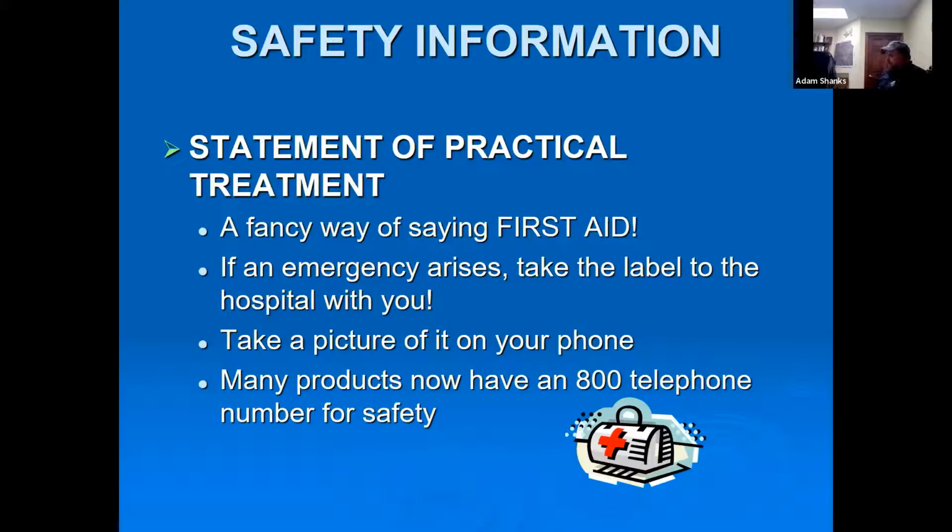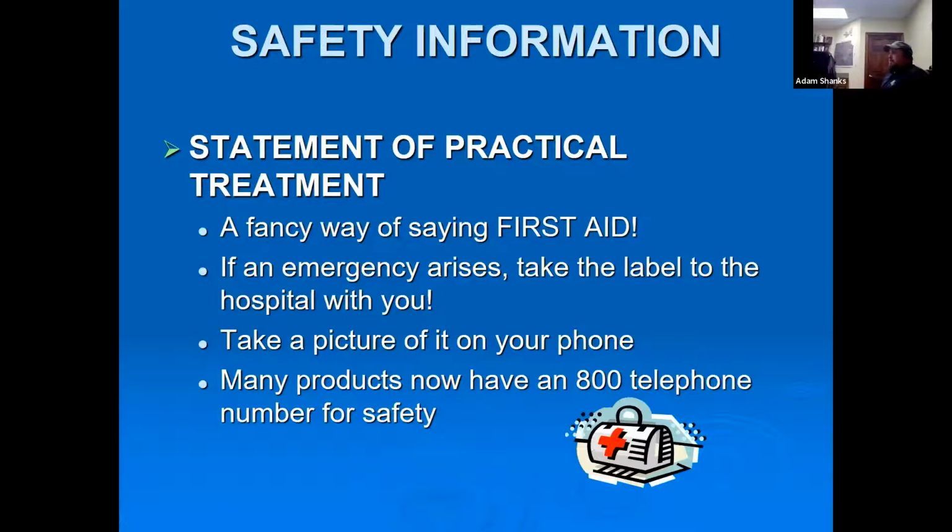Again, on the label, right inside or very close to the front will be the safety first aid information. Basically, it'll tell you what you need to do should an emergency arise. And just a pro tip, if you're using pesticides of any kind, have the label handy, or take a picture of it on your phone.